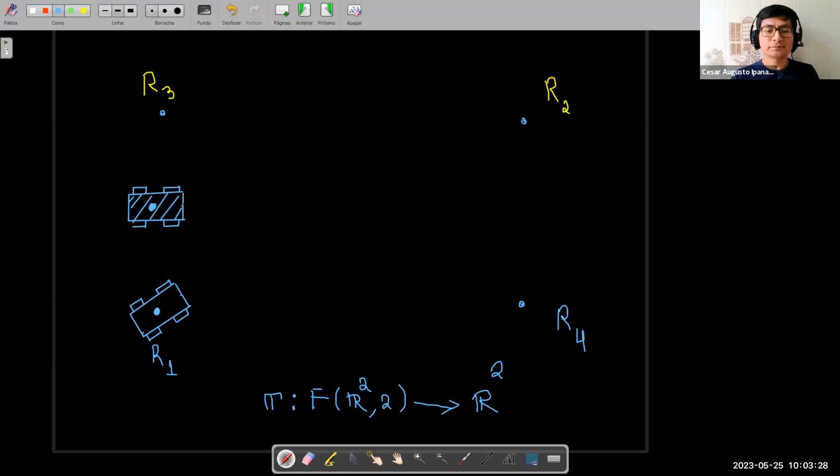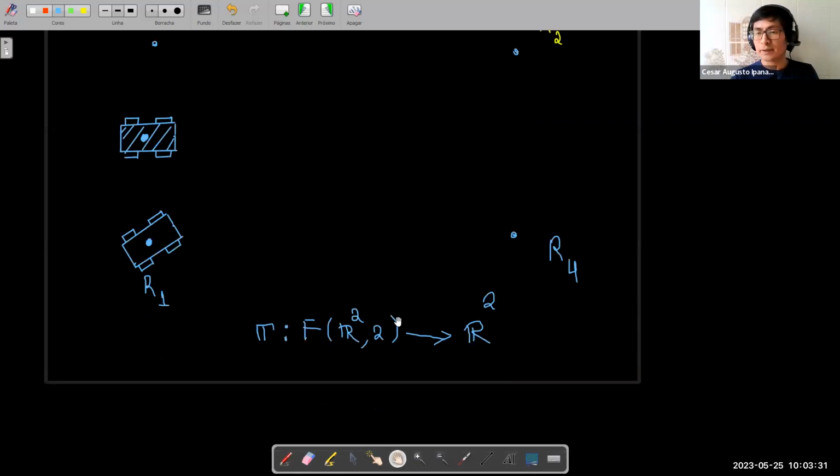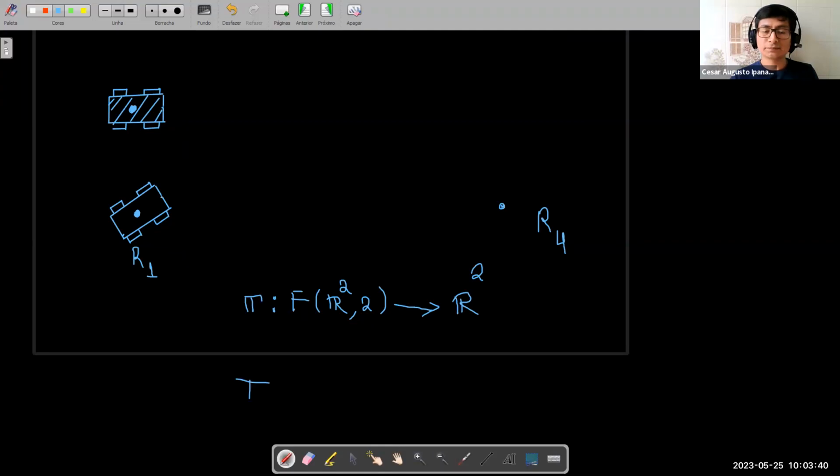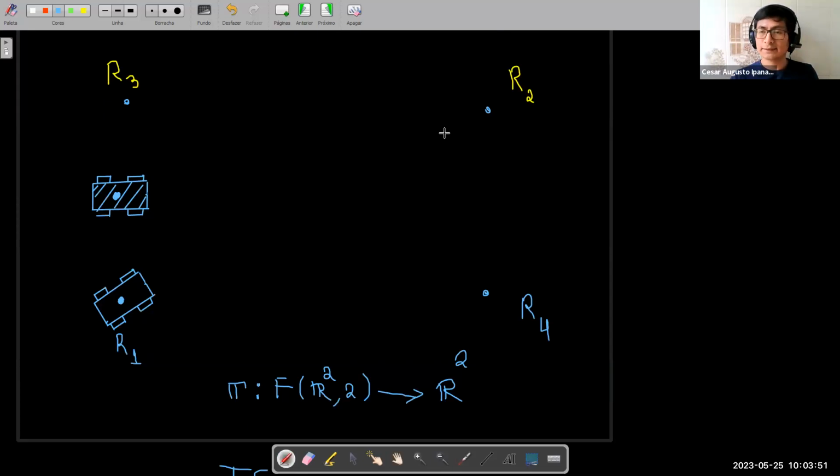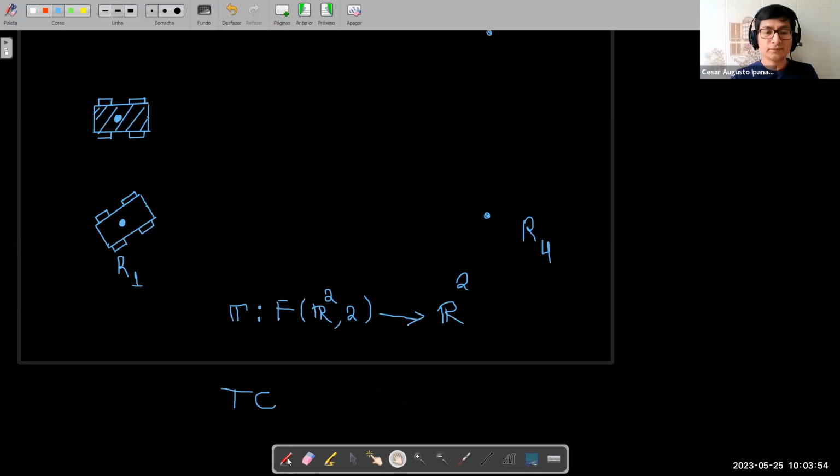The complexity of the motion planning problem for this mechanical system is easy to see: in this case we have two intermediate states, so we have the TC of this space.